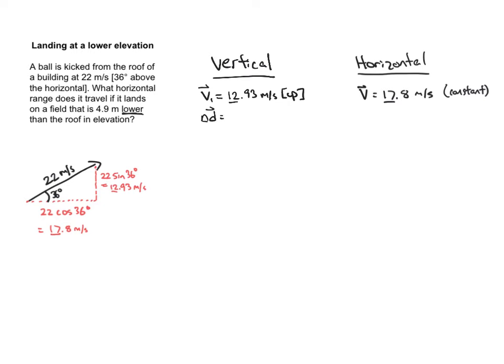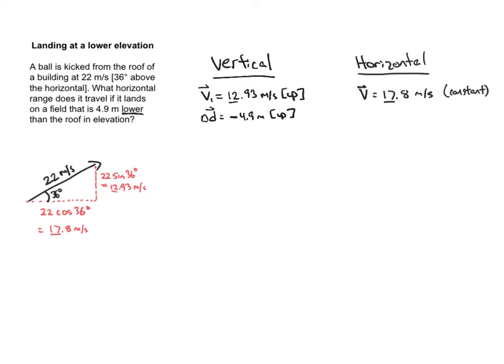So vertically, the displacement is 4.9 meters down. I'm going to write it as negative 4.9 meters up because I already wrote my velocity as up, so I want everything to have the same direction.